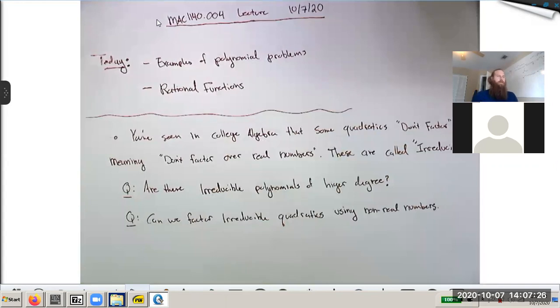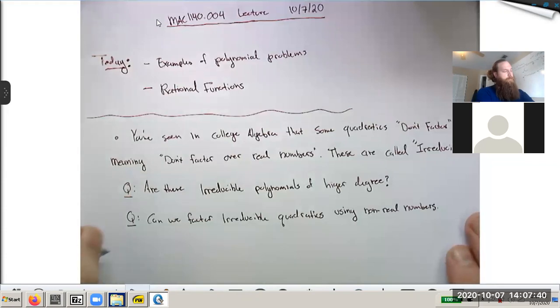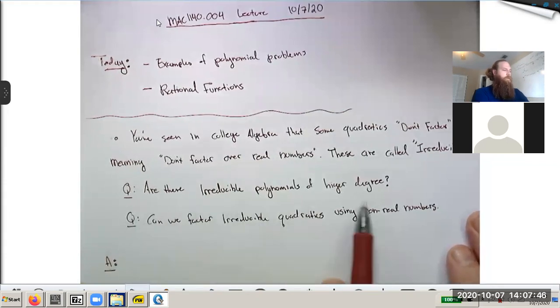I actually answered the second question in passing on Monday, but I'd like to give it a really clear answer. So first, is it possible to have an irreducible cubic? The short answer is no.